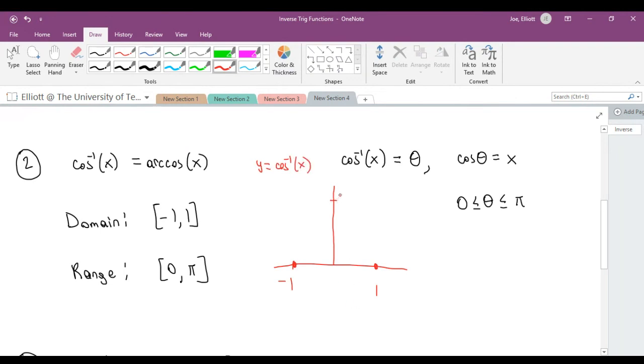And its range is 0 to pi. So it starts at pi when x is negative 1, and it works its way down to 0 when x is 1.